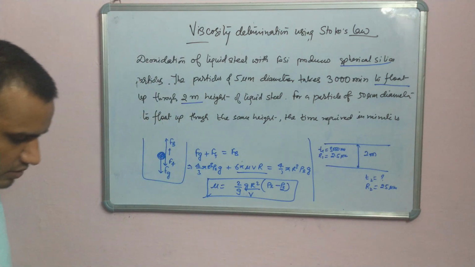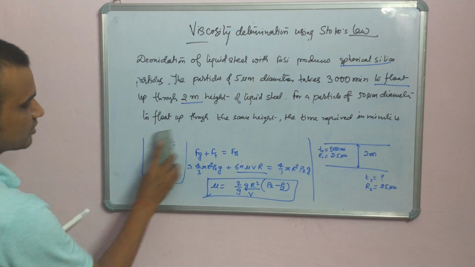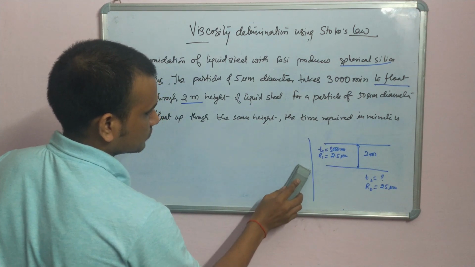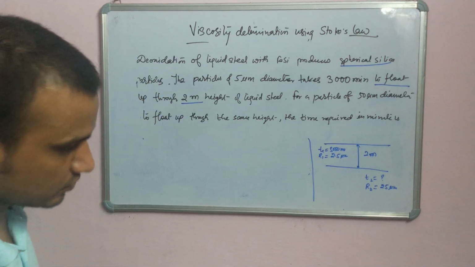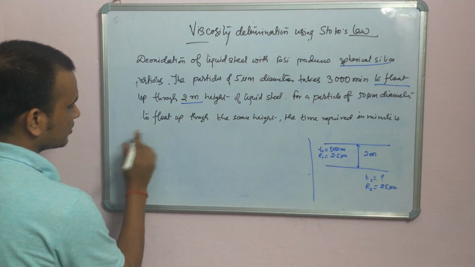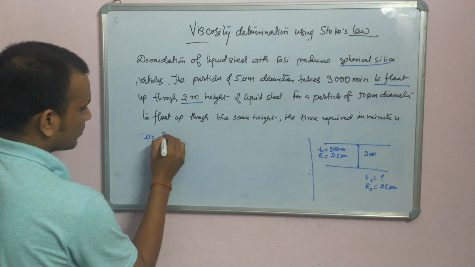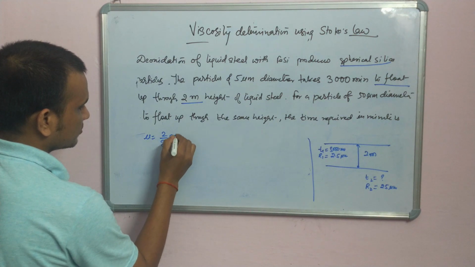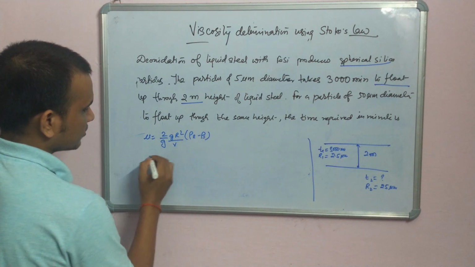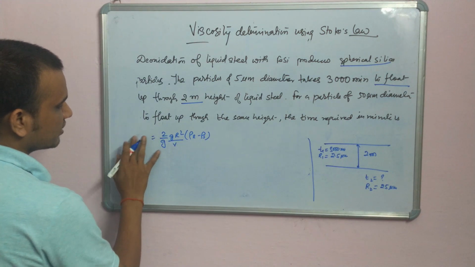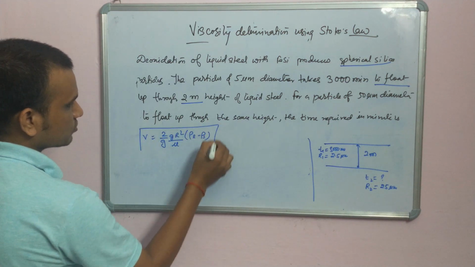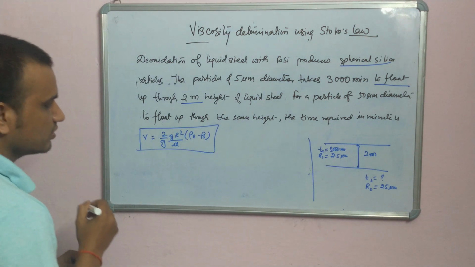Now, how can we write velocity? We have seen that mu is equal to 2 by 9 g r square, rho liquid minus rho solid, by V. So velocity will be in terms of viscosity.